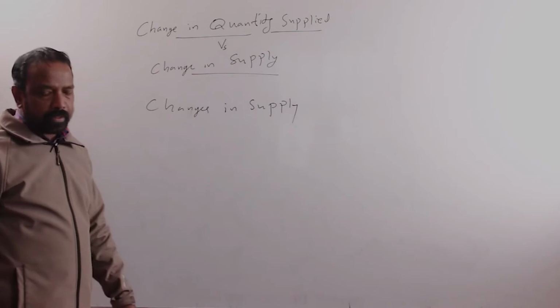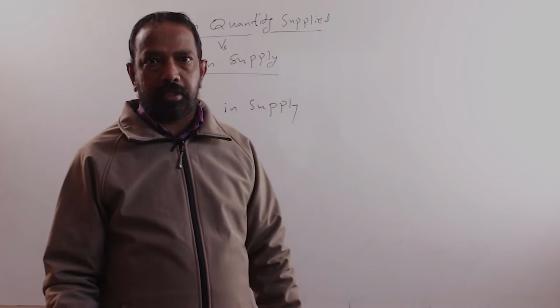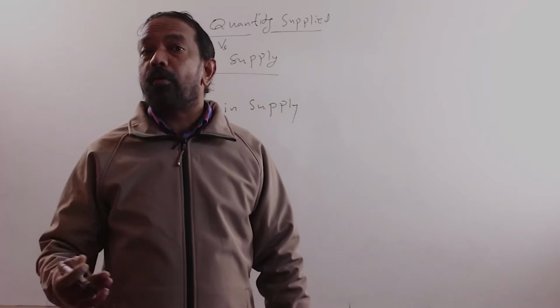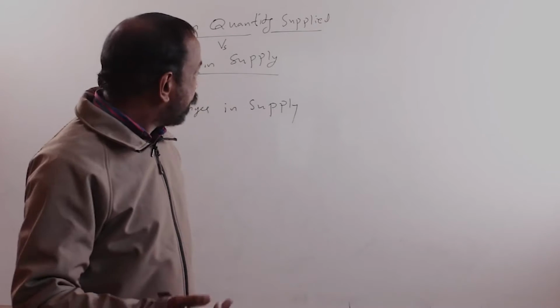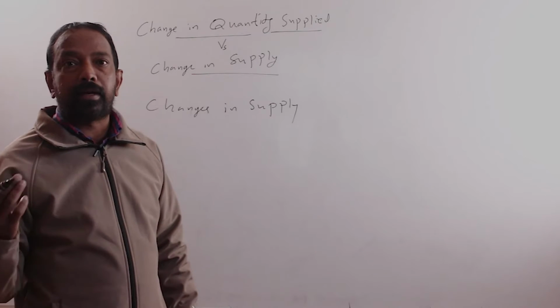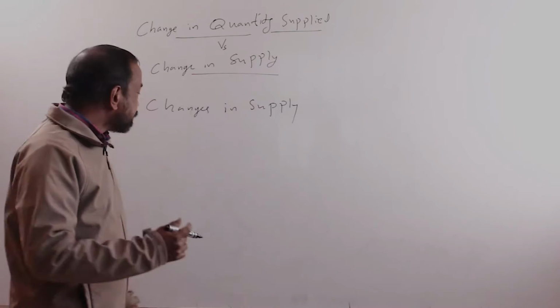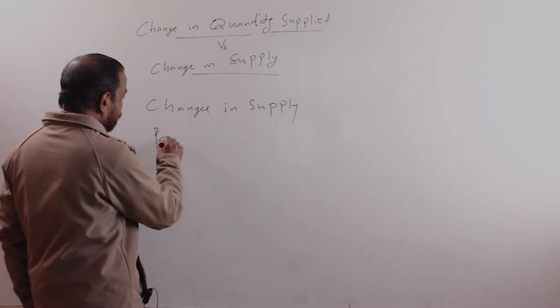Quantity demanded and quantity supplied of a commodity vary according to price and non-price factors. So there are two factors, price and non-price factors.